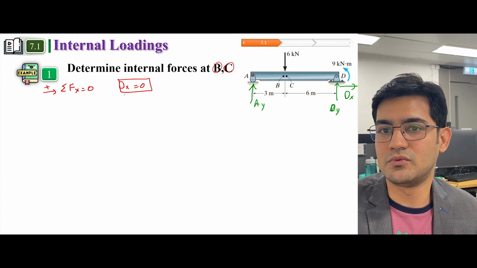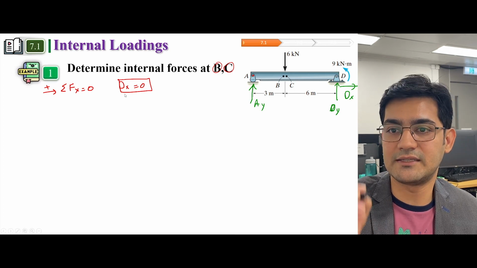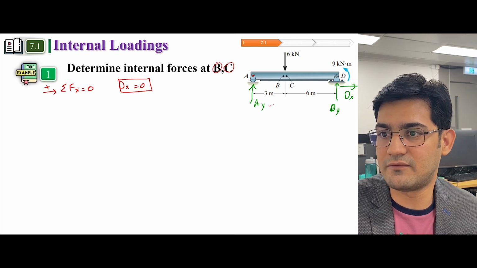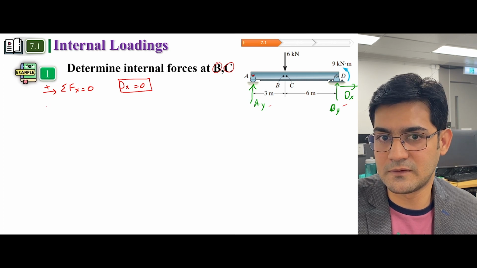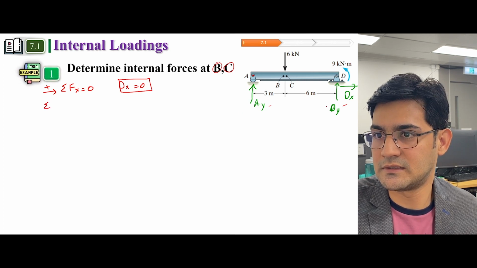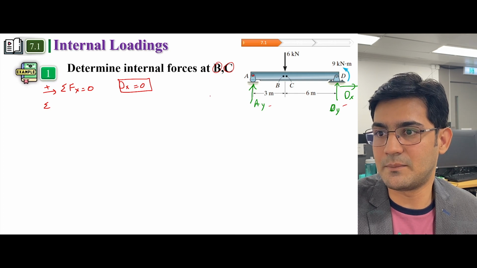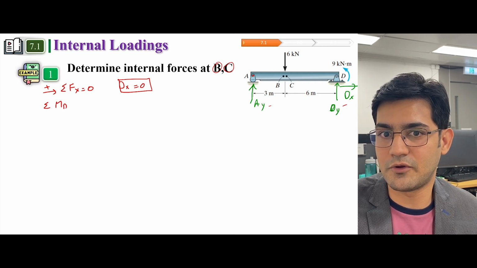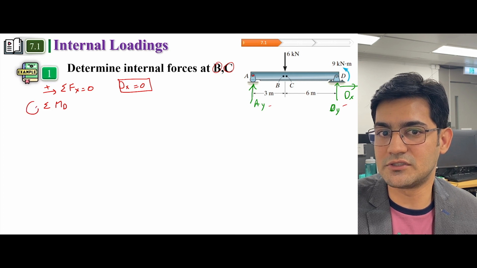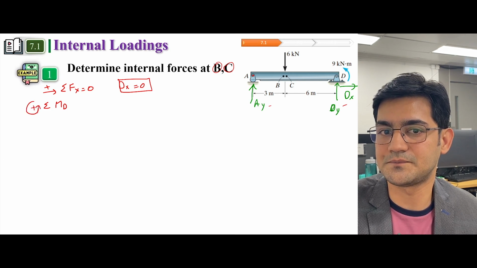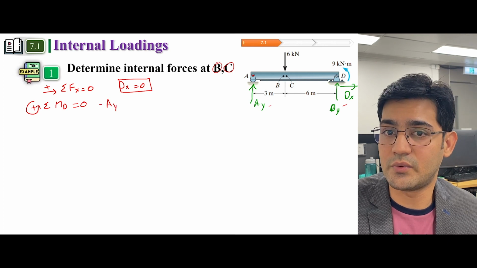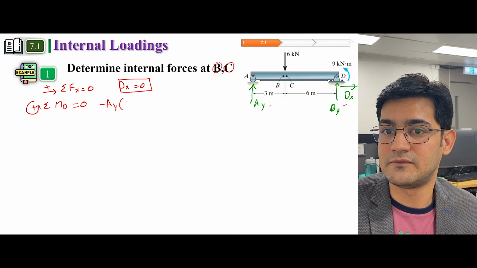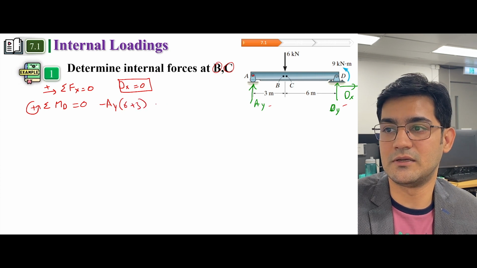Now we can apply summation of forces along the y-axis equal to 0, but in that case we will have two unknowns. So let us do summation of moments at D. If we apply summation of moments at point D, and the sign convention is that anti-clockwise is positive, then the force AY is clockwise, so it would be negative, and we have 6 plus 3, the moment arm.